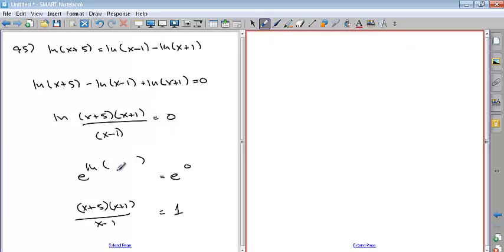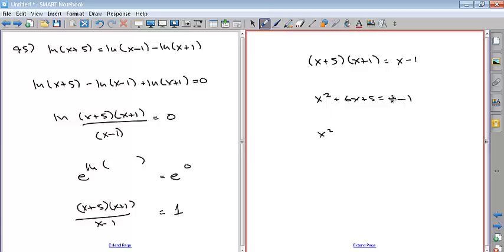So this argument here becomes that. So then you can multiply both sides by x minus 1. So you'll get 1 times x minus 1. It's x minus 1. You'll multiply out the left-hand side, which will be x squared plus 6x plus 5 equals x minus 1. Move those to the other side.